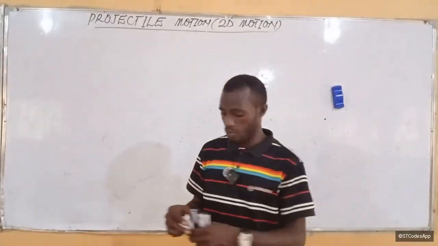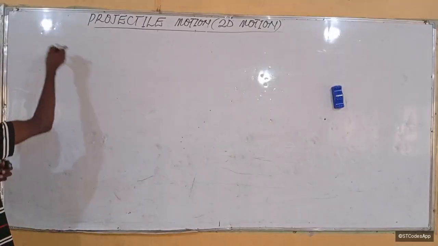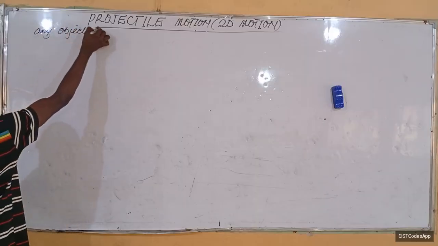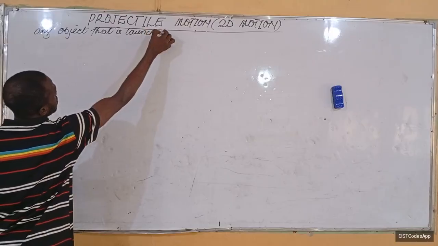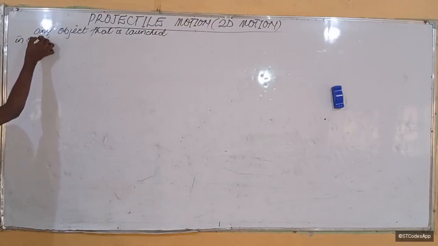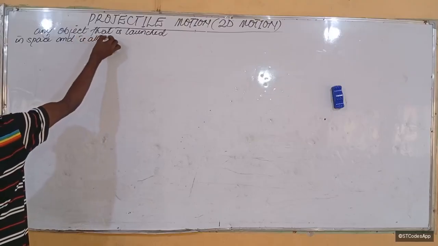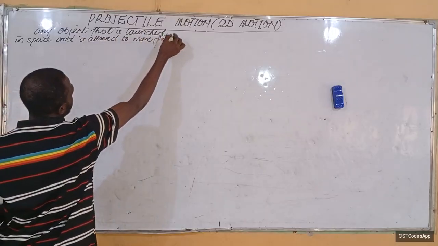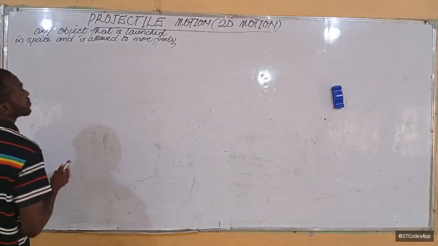Now, what is a projectile? Basically, a projectile is any object launched in space and allowed to move freely under the influence of gravity.